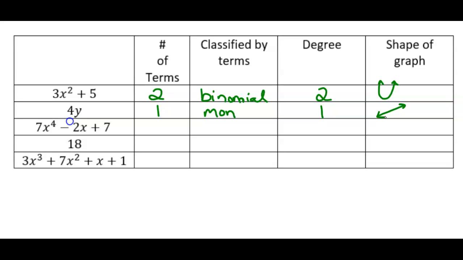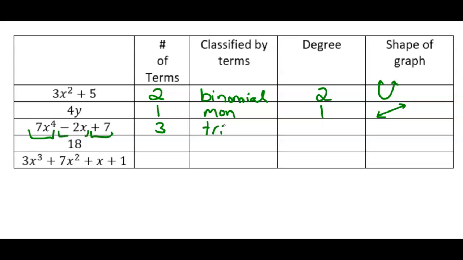5x cubed minus 2. Oh, nope, I take that back. My notes are different. How many do I have here? I have 3 terms. This is one term, this is a second term, and this is a third term. Notice I include the sign, so there's 3 terms, which makes this a trinomial.